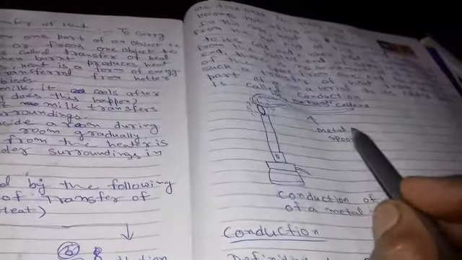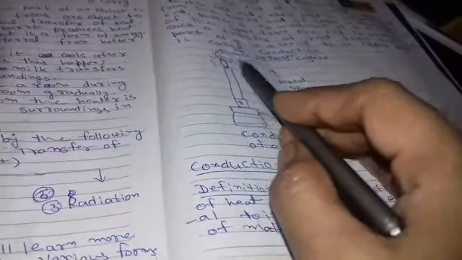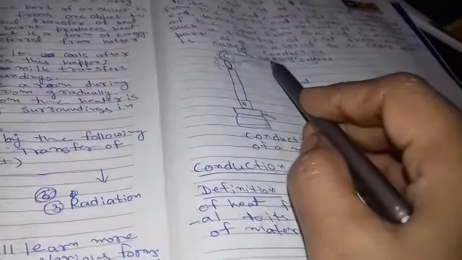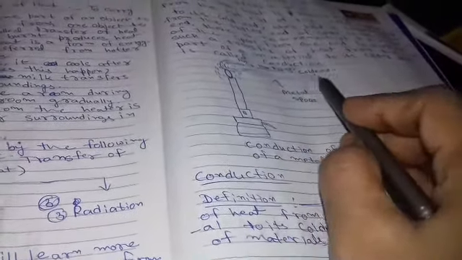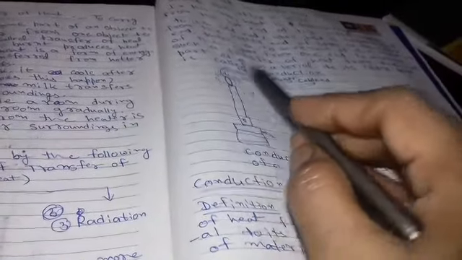I will show with the help of this experiment. This is the experiment of conduction. This one is the candle and the hot end. This is the spoon. This one is the colder end and this is the hotter end.